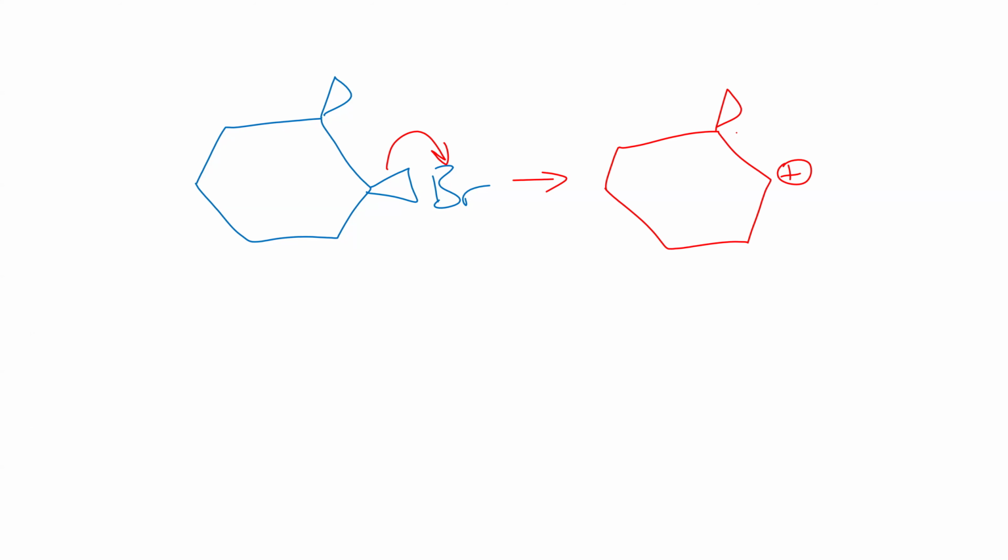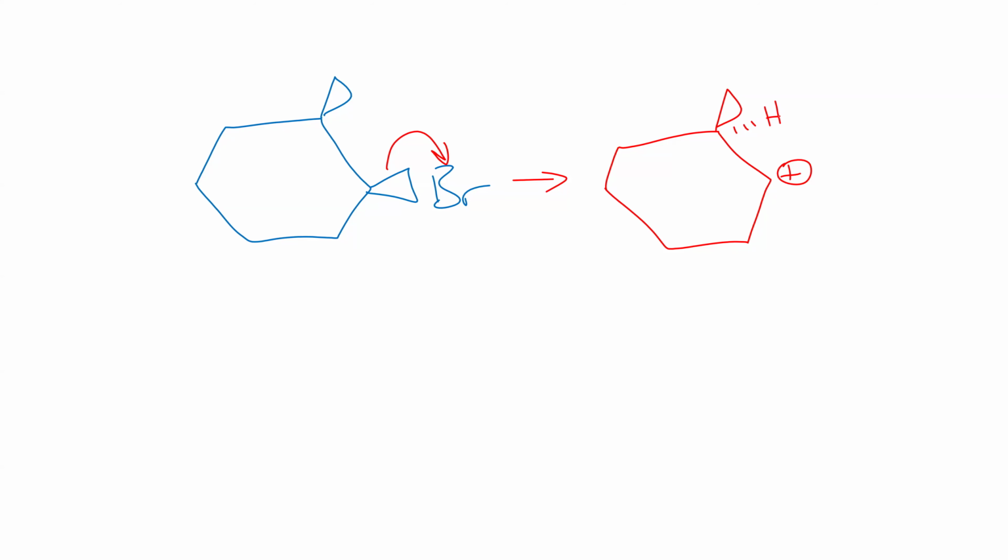There's a hydrogen on the other side, right? Well, a secondary carbocation is not as stable as a tertiary carbocation, right? Is there a tertiary carbon next to the carbocation? That's a tertiary carbon, right? So it would be more stable to put the positive charge there.